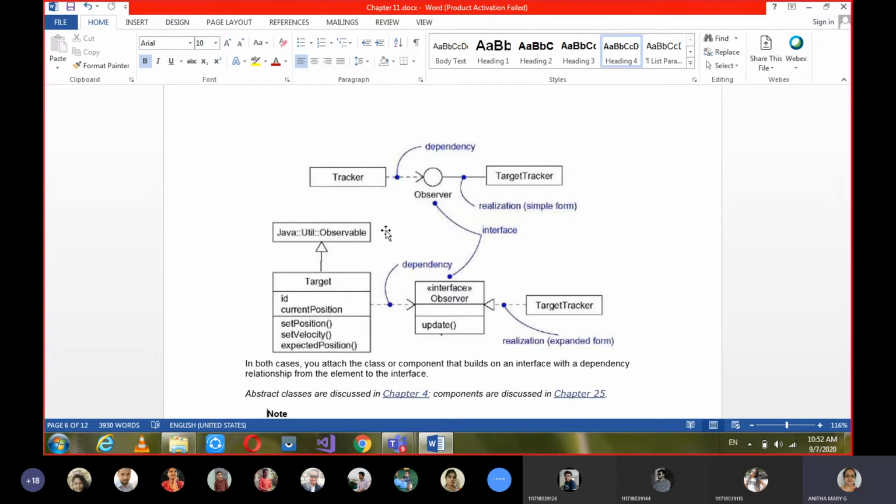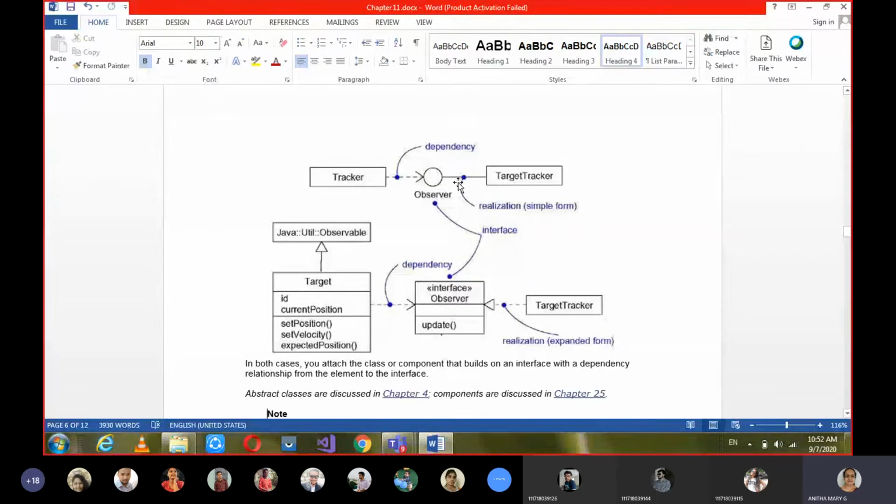Again I just repeat. Realization of an interface is in two ways. The first one is the first diagram, the simple form, in which the interface and realization relationships are shown as lollipops, a stick with a chocolate, or whatever we say.